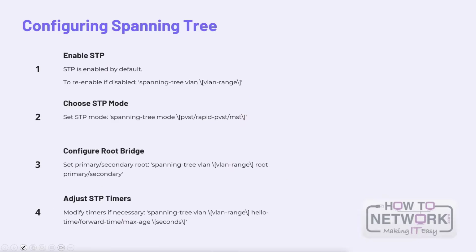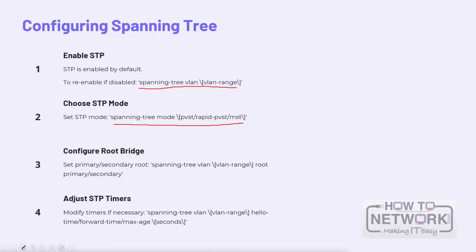So configuring spanning tree is not very complex. Just use this. You need to define the VLANs that will participate in spanning tree. You need to put the mode: PVST, rapid PVST, or MST.